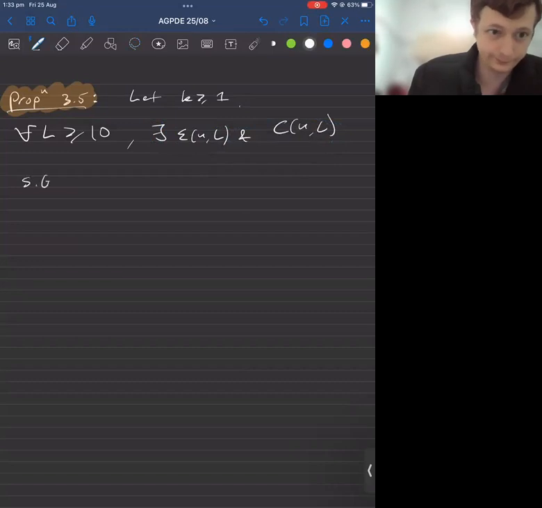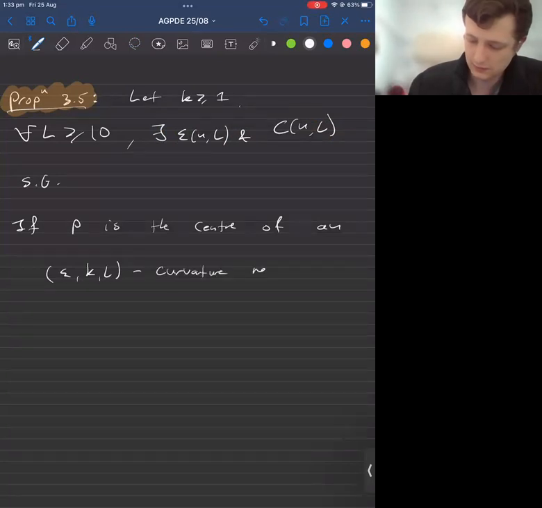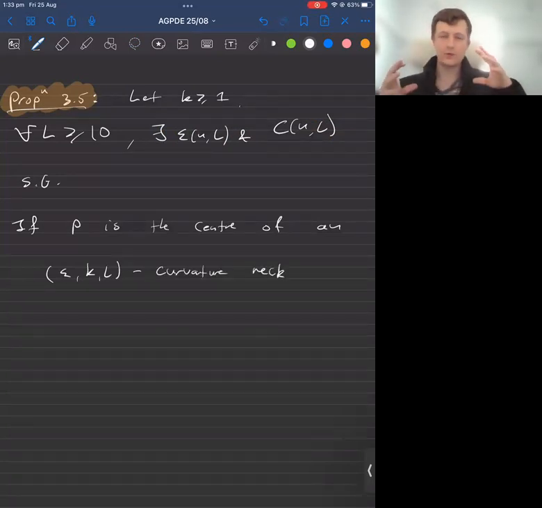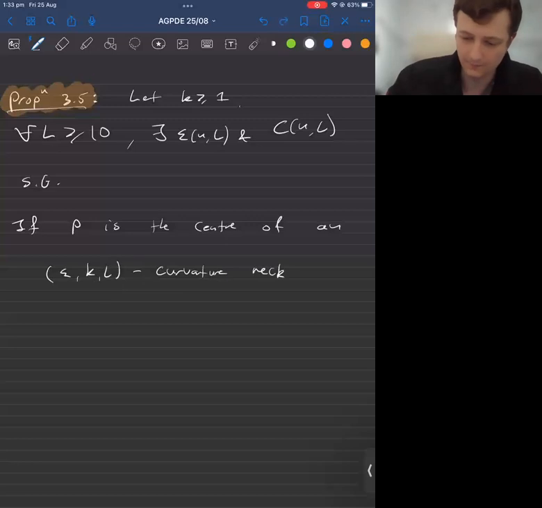Such that the following holds: if p is the center of an epsilon-k-L curvature neck. So remember, that means that everywhere the Weingarten map looks like that of the cylinder, the kth derivatives of W are bounded by epsilon, and that happens everywhere in a ball of radius L around p.